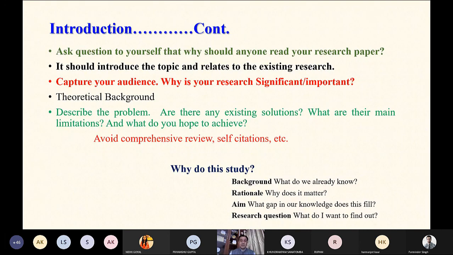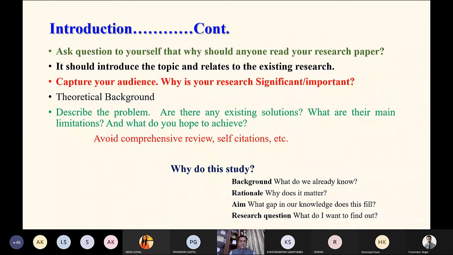As I was saying, at the end of the introduction part, we have to indicate the significance and importance of the study, and you would be able to write that if you are able to identify the reasons for conducting the research. Those reasons come from the past studies that you have already reviewed and the research questions that you have already identified.